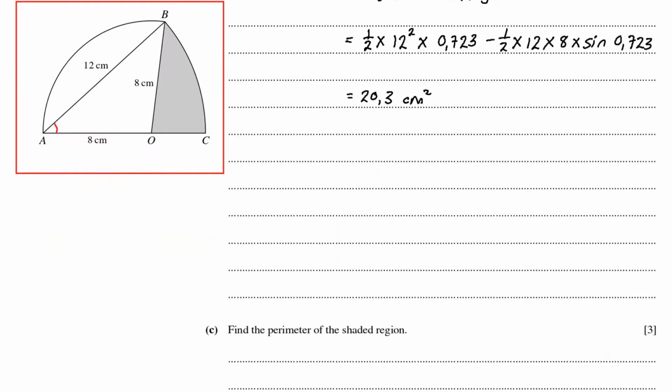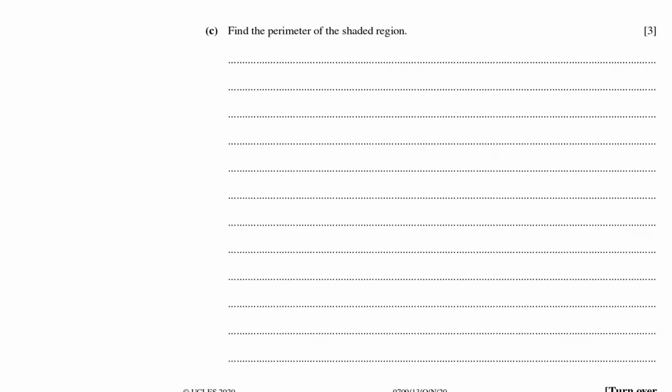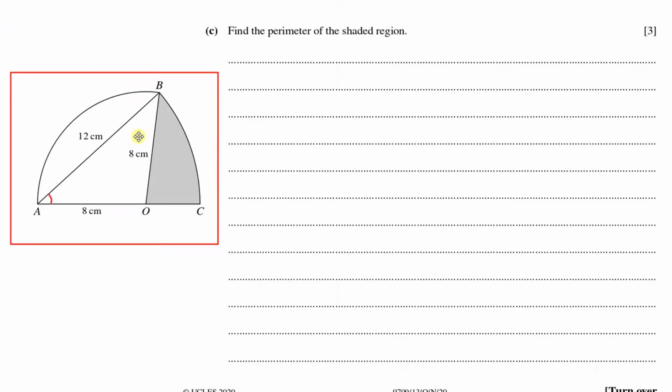Let's scroll down to part C. Find the perimeter of the shaded region. So again, I'll have the shape here. So for the perimeter, I'll be saying perimeter of the shaded region is the length BO plus the length OC, and that's plus the length BC, which is the arc.